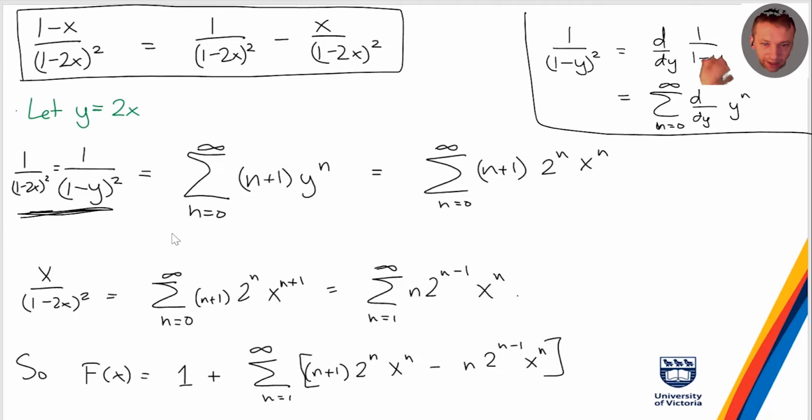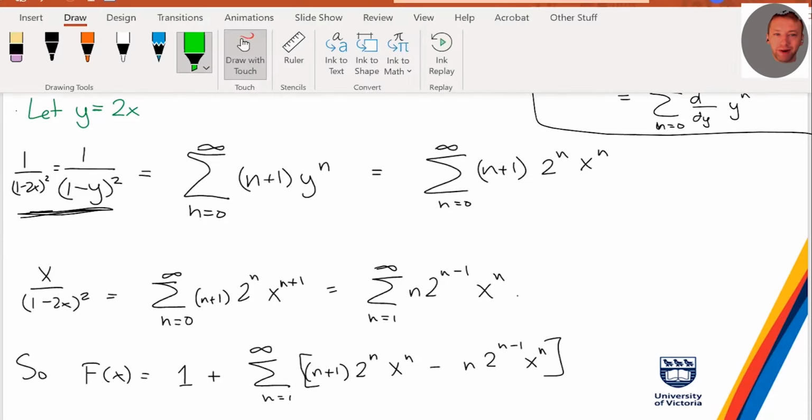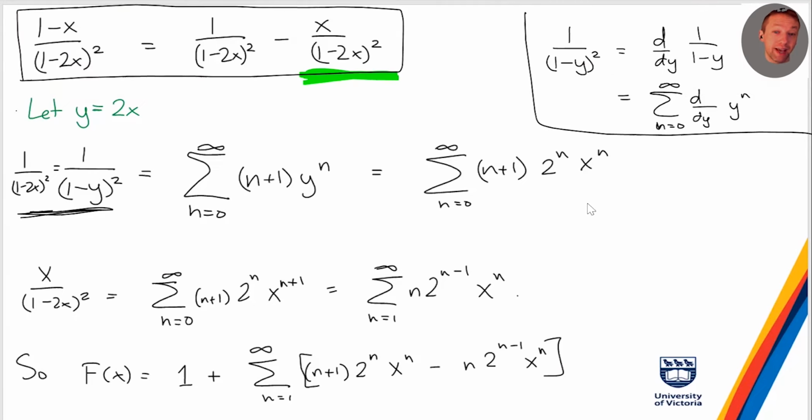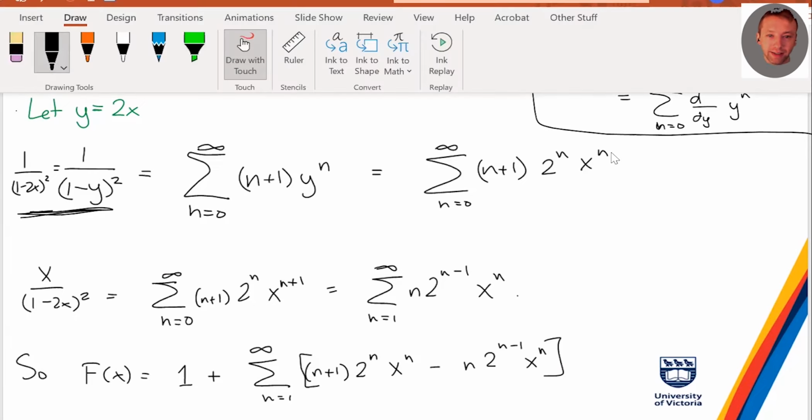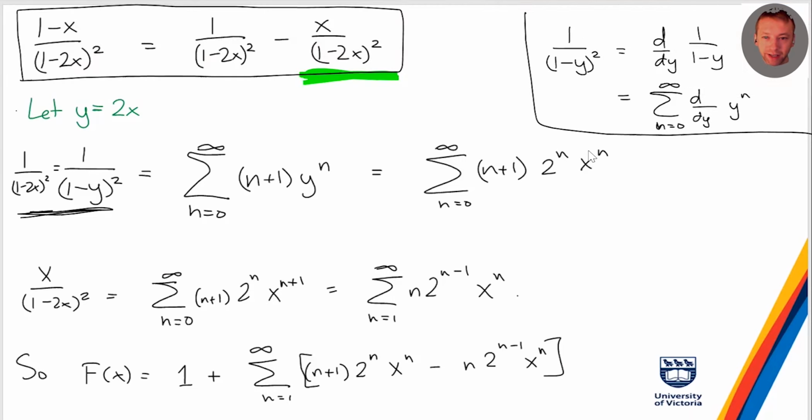This is something we've seen a lot of times before, but you have to be good at recognizing these things. And then I can plug back in for x. So I get the sum from n equals 0 to infinity of (n plus 1) 2 to the n x to the n. And this other thing is practically the same thing because it's just the same thing times x. If I take this thing times x, it shifts my exponent here to an n plus 1.